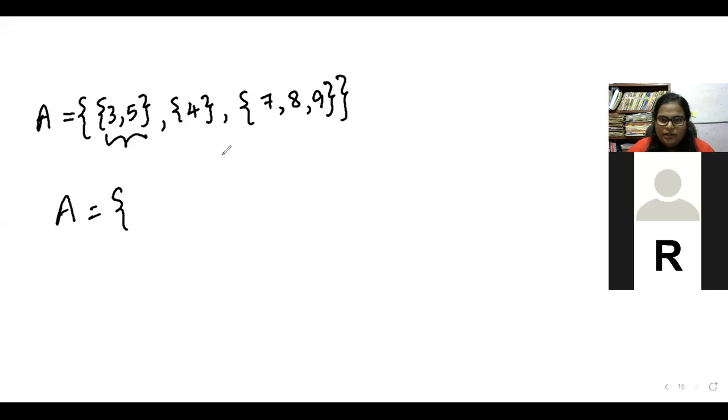True or false: 4 is a subset of this set A. Here, right. I can understand this one now. The question asked whether 4 is a subset of this set A. I think yes, right?